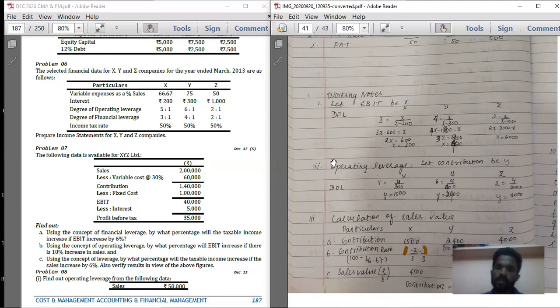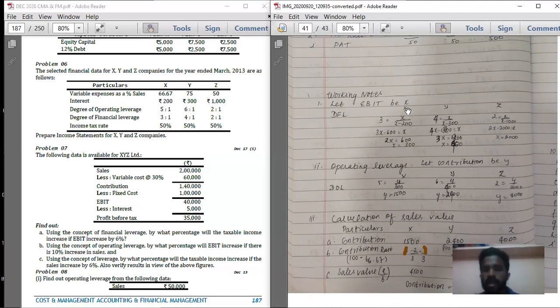In respect of X, DFL is 3. So 3 is equal to what we assumed EBIT, X, divided by EBT, which is X minus 200. That is, EBIT minus interest is EBT.